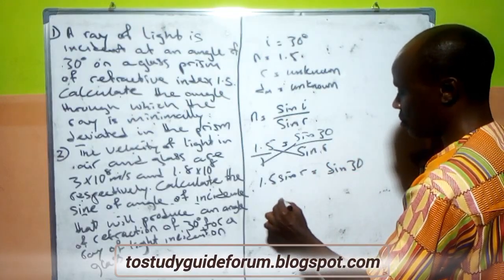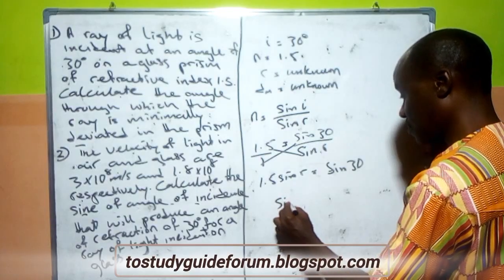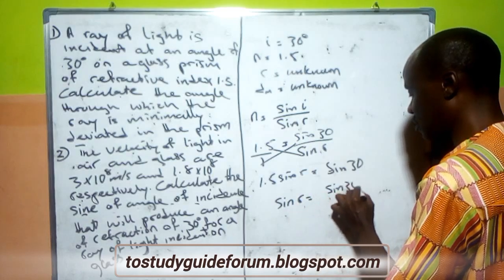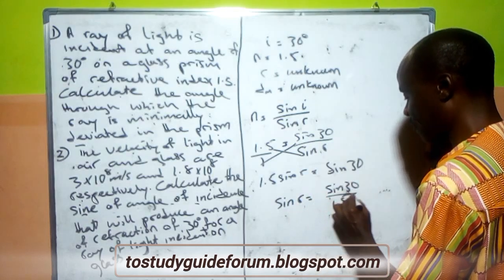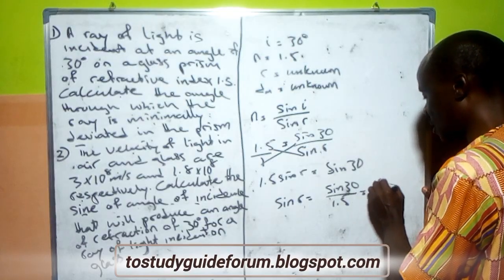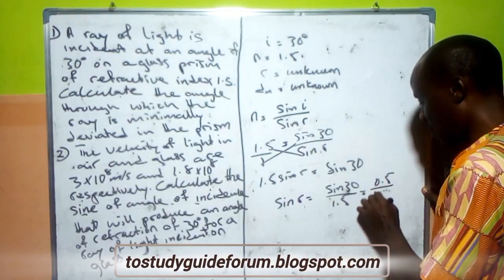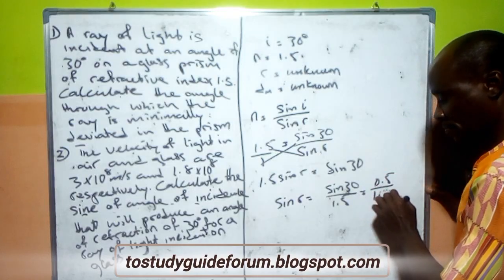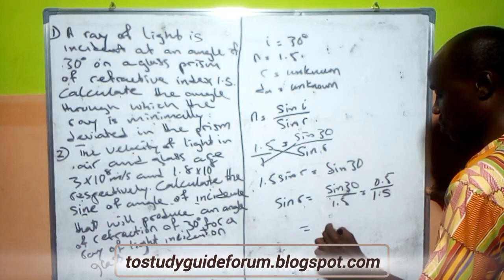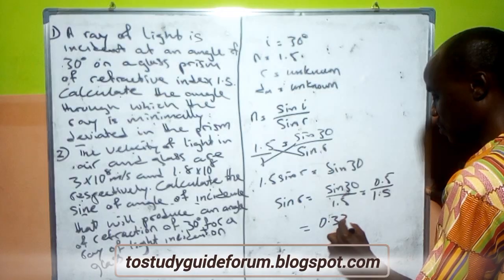So sine r will be sine 30 degrees over 1.5. Sine 30 degrees is 0.5, then we have 1.5 here. When we divide this, we get 0.333.